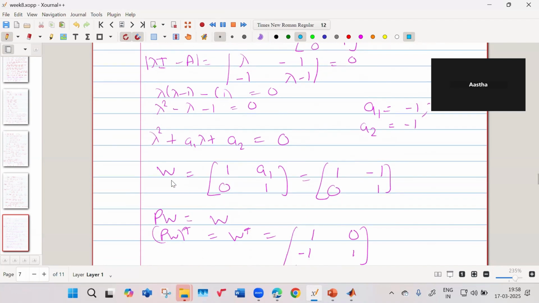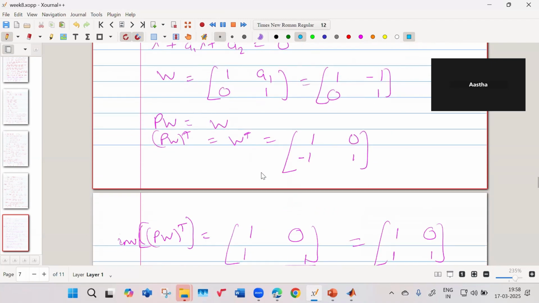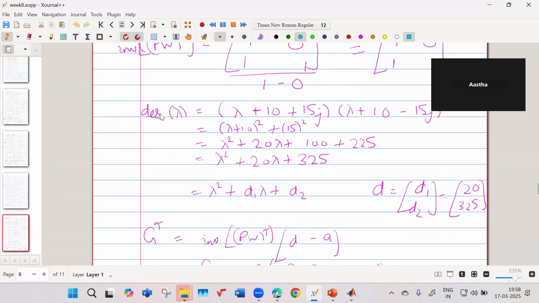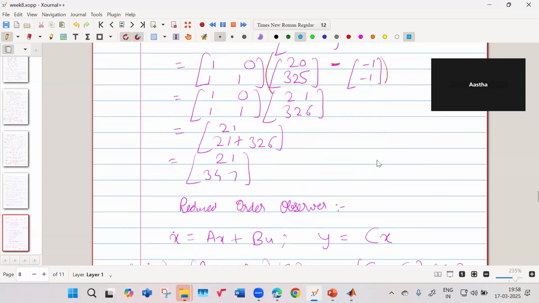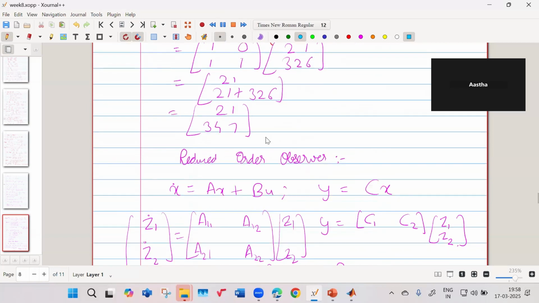Then the W matrix was found, and then W transpose and its inverse, which we found. And then we got our desired closed loop characteristic polynomial. From that we get D1 and D2. Once we get that, we found our gain vector formula.